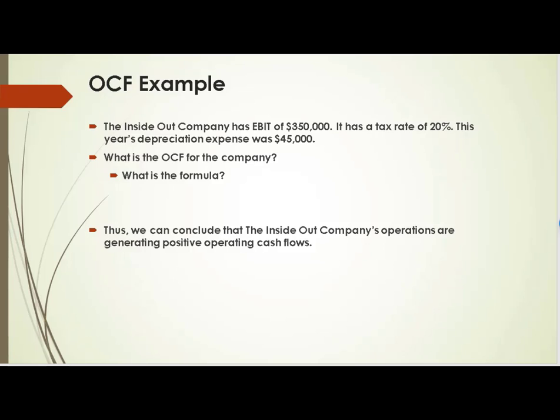So 80% is $280,000 plus 45,000. So the operating cash flow for this company is $325,000. So we can conclude, right, that at least this number is positive. Positive from operations is a critical requirement, right? You have to make money from doing the business that you're doing.